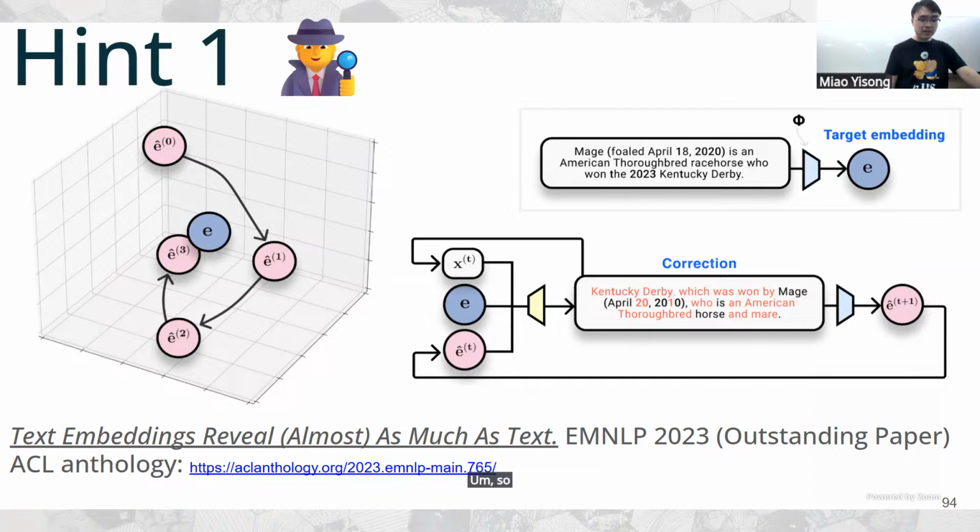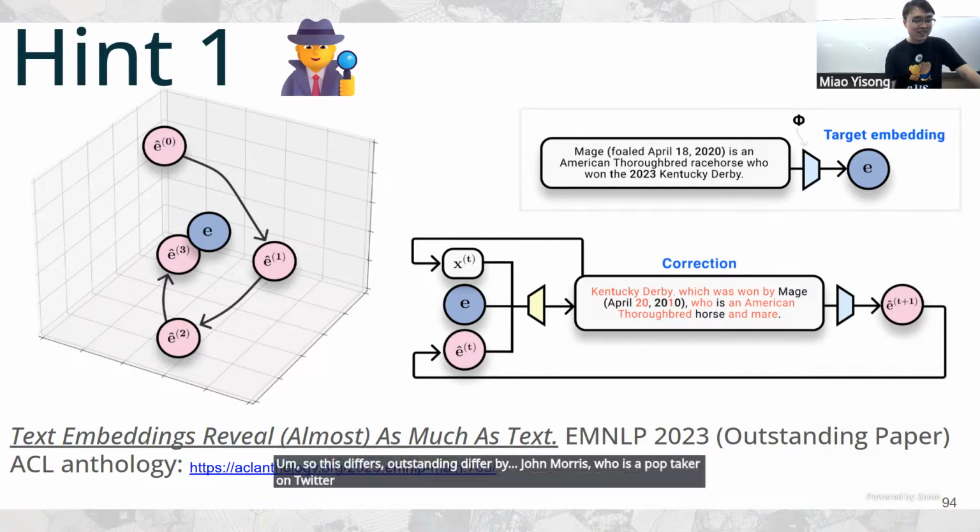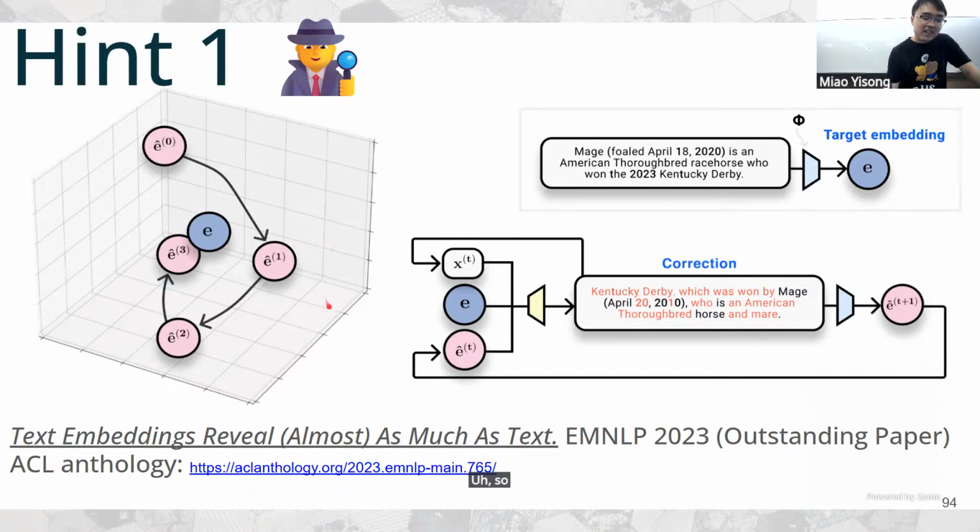This paper is an outstanding paper by John Morris, who is a hot taker on Twitter. Basically, the takeaway from this paper is that sentence embedding can be used to recover the sentence almost exactly, which means that a 768-dimensional embedding can encode the sentence exactly.